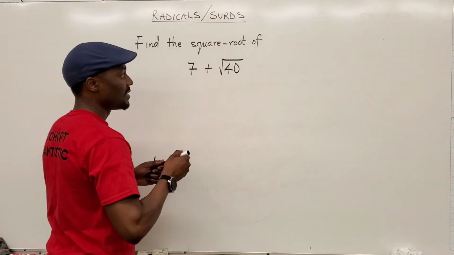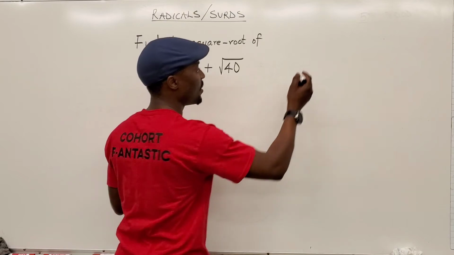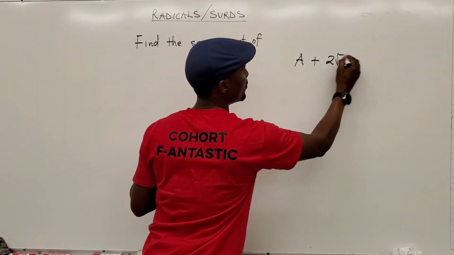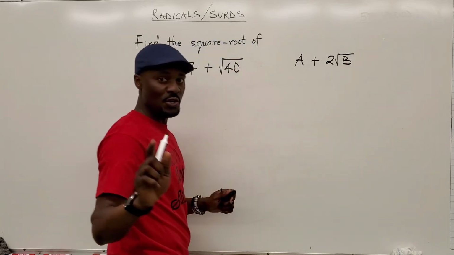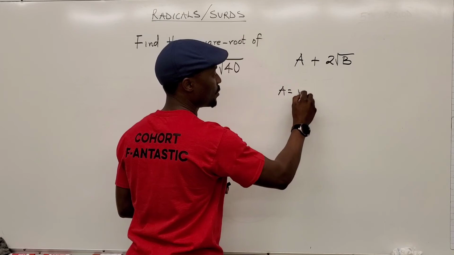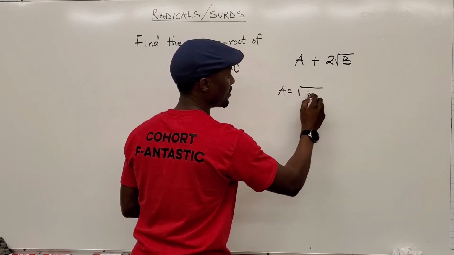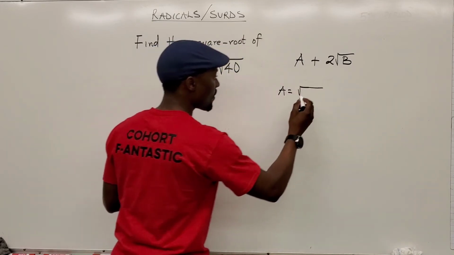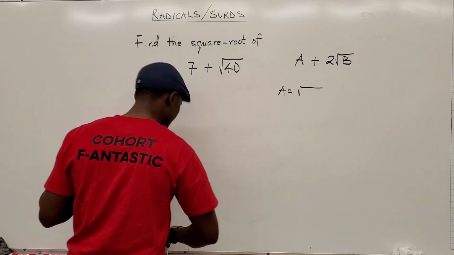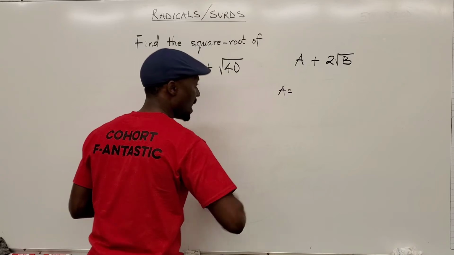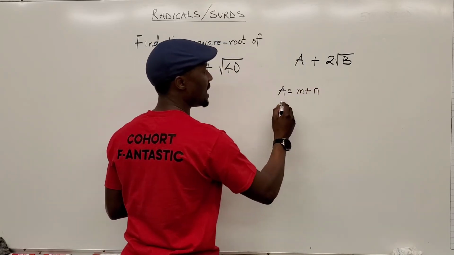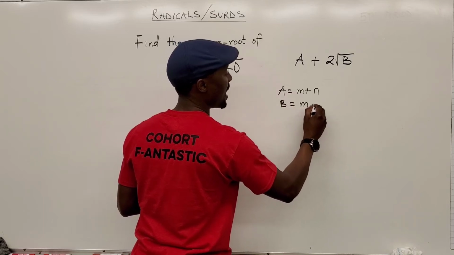I said that if you're given a question where it is a plus 2 root b, you must assume your answers will be such that a equals m plus n, and b equals mn.